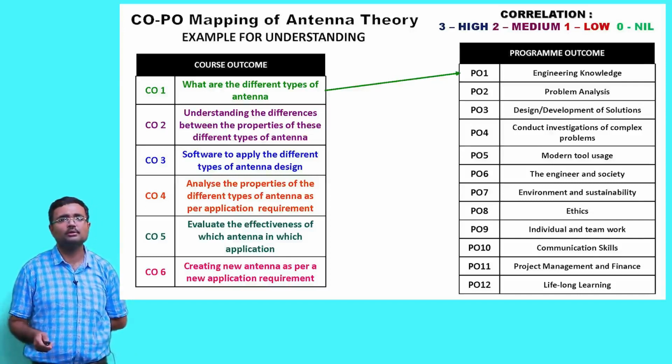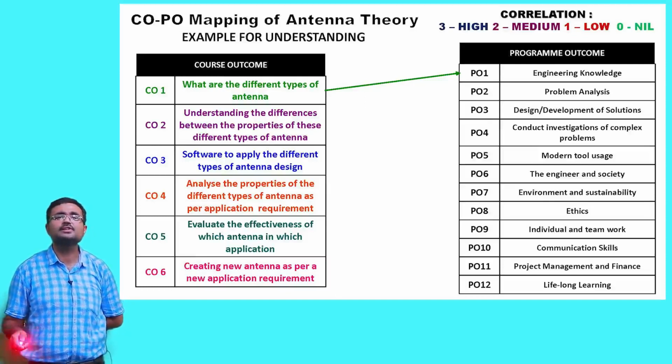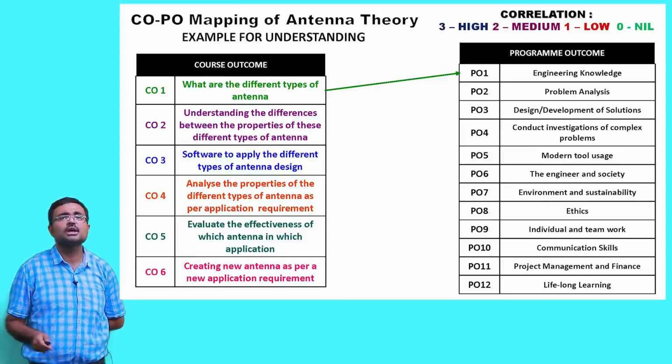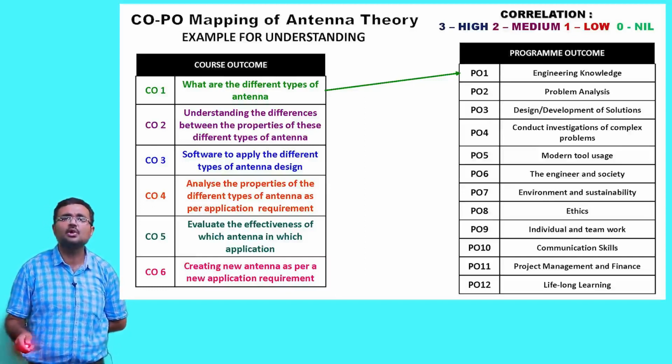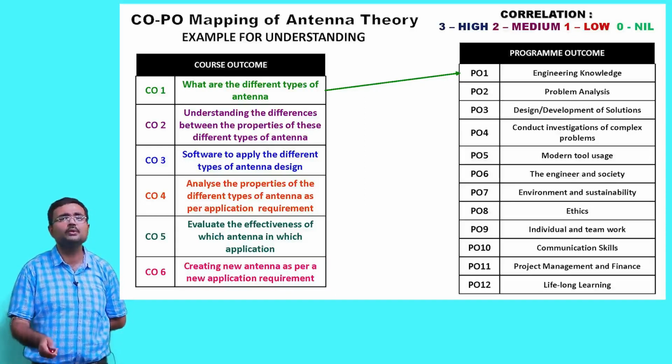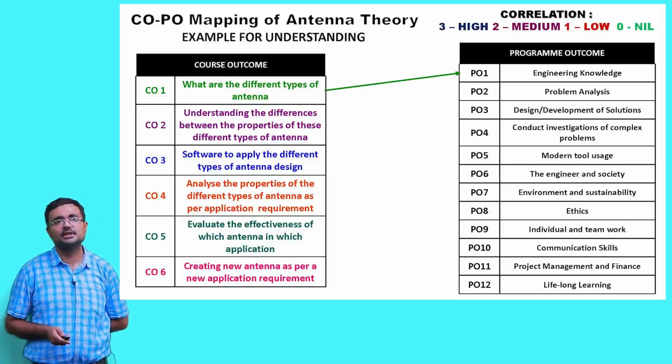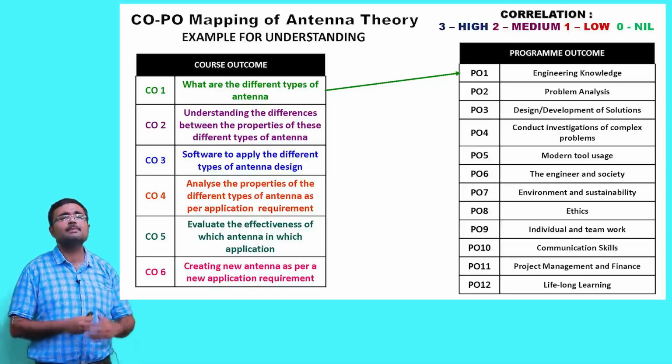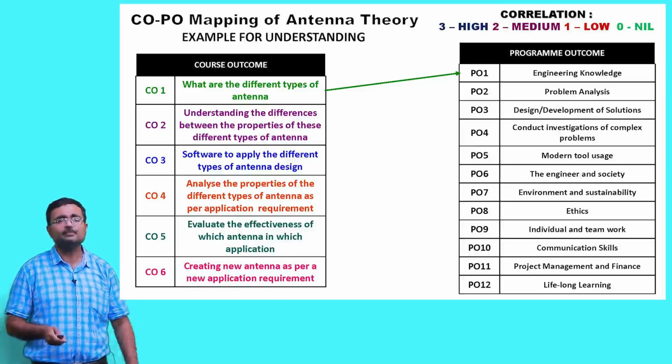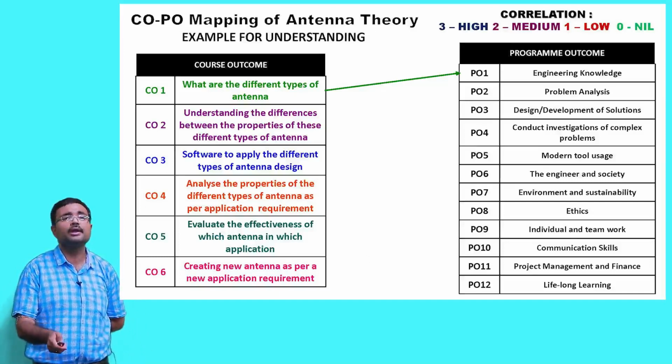I believe no. It is not design development of solutions, not conduct investigations of complex problems, and not modern tool usage. It is only engineering knowledge. I believe there is nothing else in it. And so I can say that CO1 is mapped to PO1.